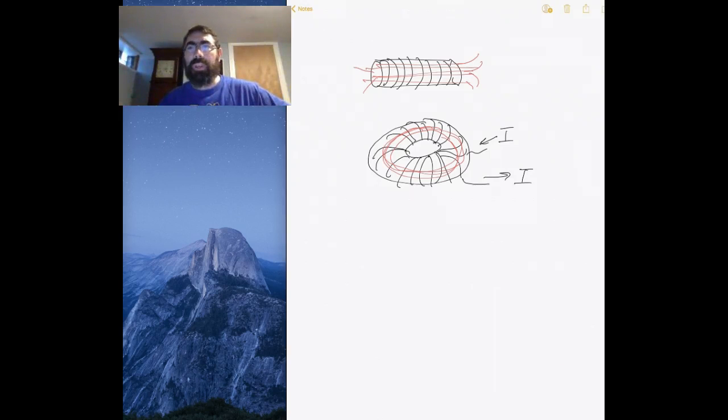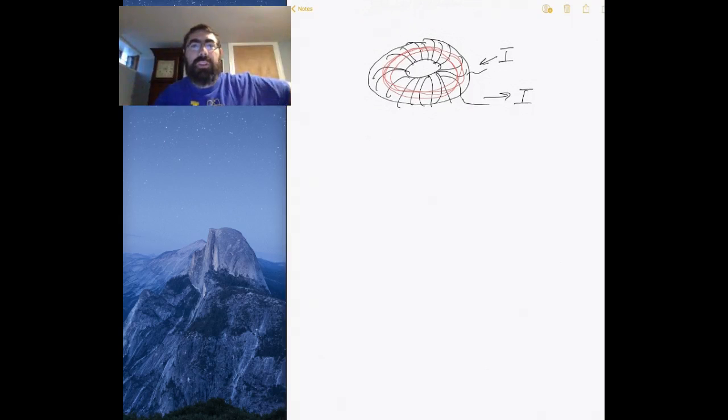So the first thing that we've done in all the cases where we tried to find the magnetic field is first find the direction of it, and then find the equation that'll give us the strength of the magnetic field later on.